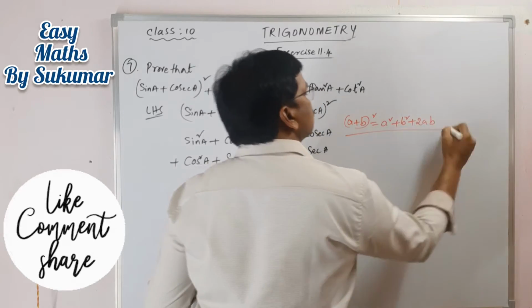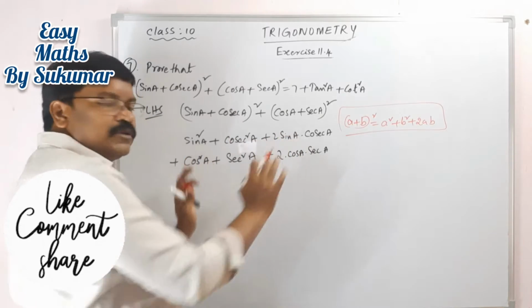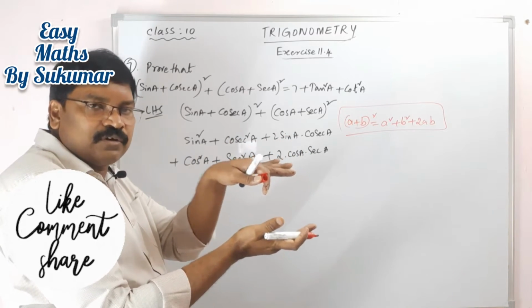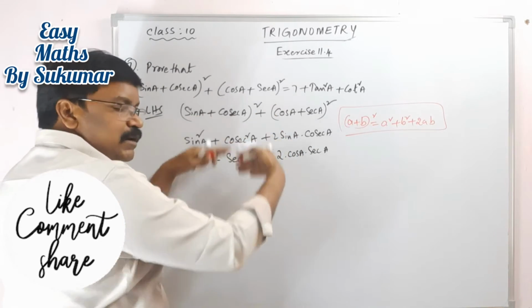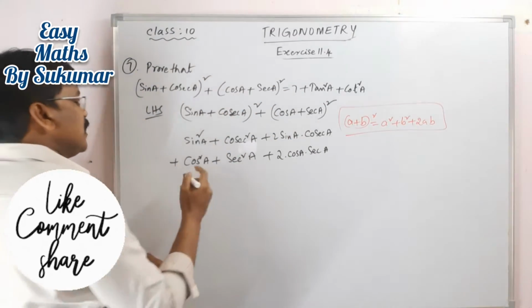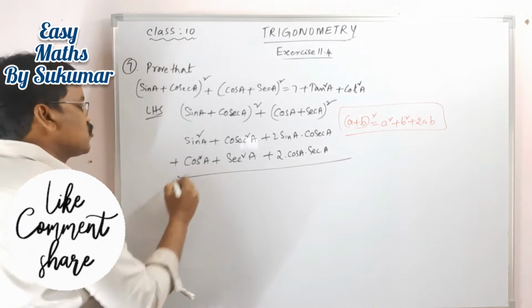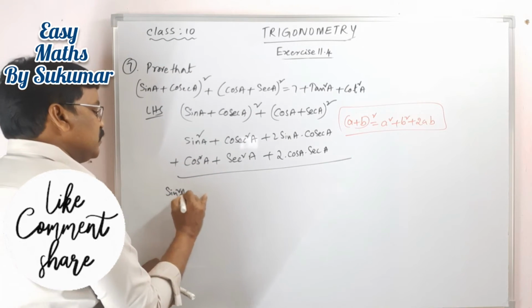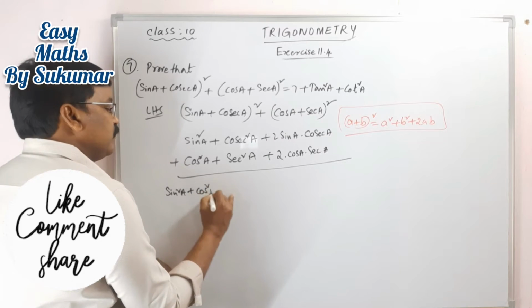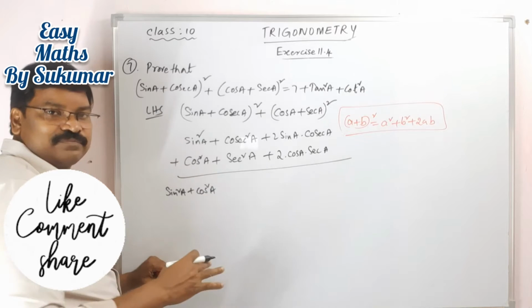So, my dear students, this first term and second term, I have written one above the other. Now, adding: sin square A plus cos square A, the first two terms, the first row and second row.